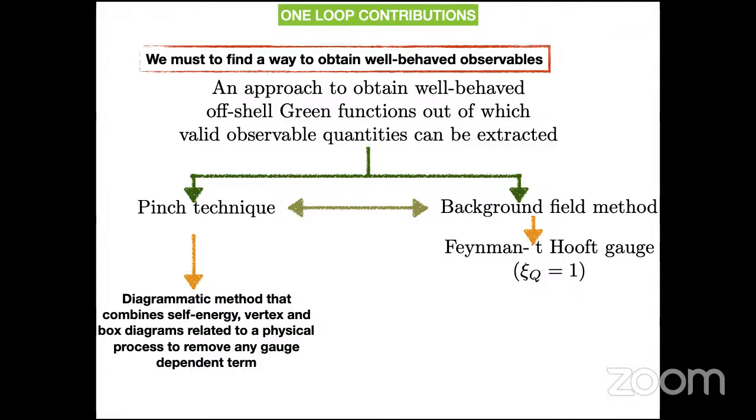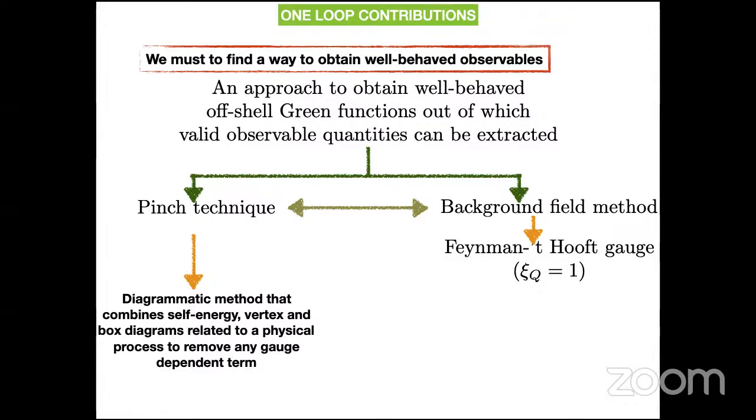And there is a technique, the so-called pinch technique, which is a diagrammatic method that combines self-energies, vertex, and box diagrams related to the physical process. For example, in the case of the gluon top anti-top coupling, we have some self-energies of the gluon and the top quark.